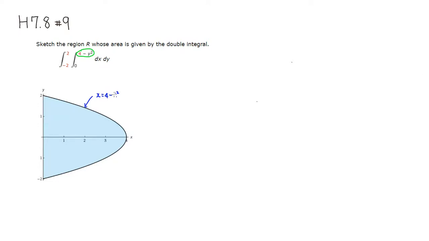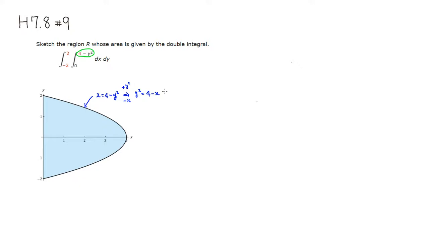So what we need to do is change the order of integration. We need to change that equation into y equals form. So I'm going to solve this. I'm going to add y squared and subtract x, so we have y squared equal to 4 minus x.